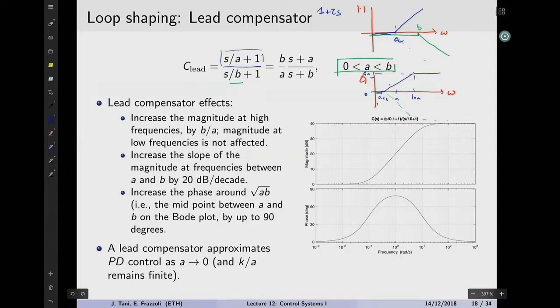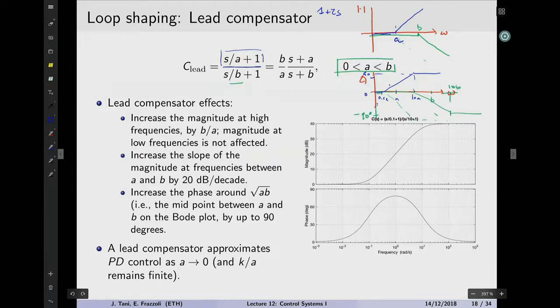For the magnitude, and for the phase, let's say that B is 1 decade higher than A, just to make it up, it could be any higher value. Then you would see that at 1 decade, it would do something like this, the phase contribution, right? No, not like this, actually. It would do something like this, where this value here is 10B, 1 decade above, and this value here is minus 90 degrees.